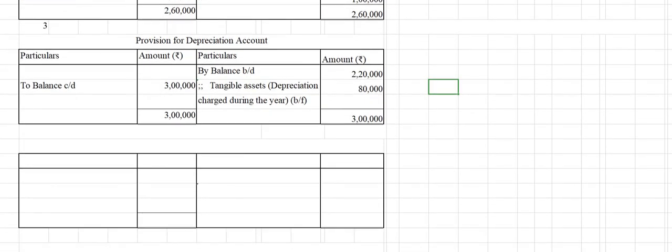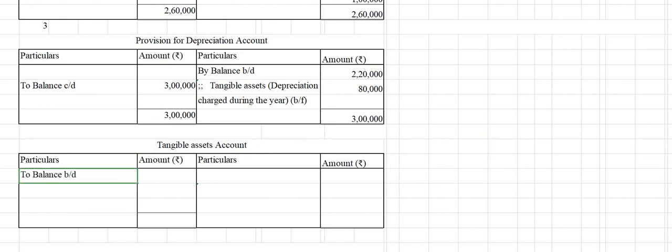Now let us see how to take that in the asset account, that means tangible asset account. We have here the tangible asset account. So it's an asset account. So let us write the opening balance on the debit side.